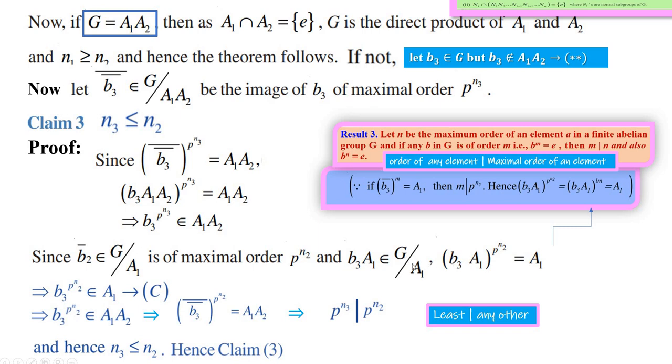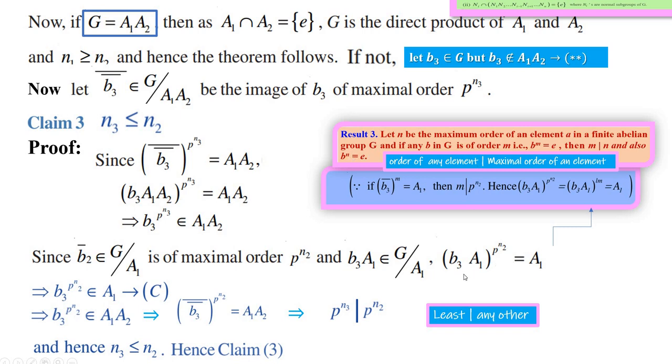So in G mod A1, we have already got B2 bar with maximal order P power N2. Now that you have produced another, B3 bar is B3 A1. So we must have for that B3 bar power P power N2 should be equal to A1. So it's from this result 3, the second part of it. So that is used here.